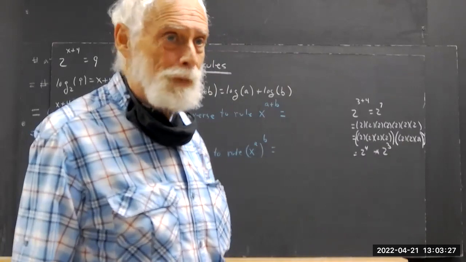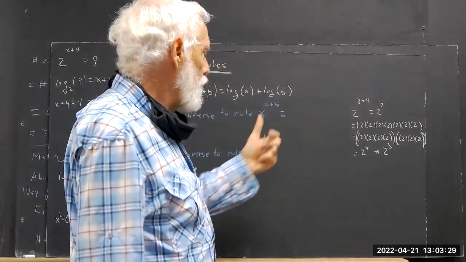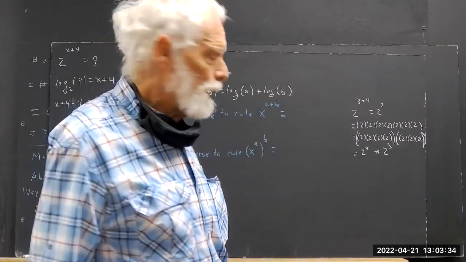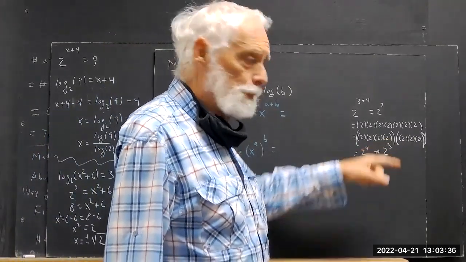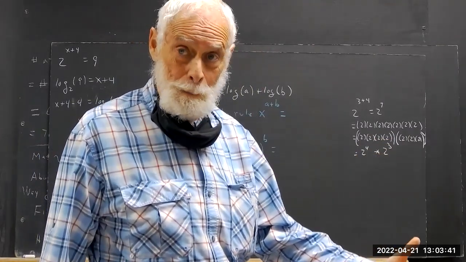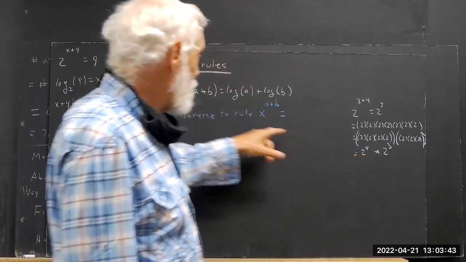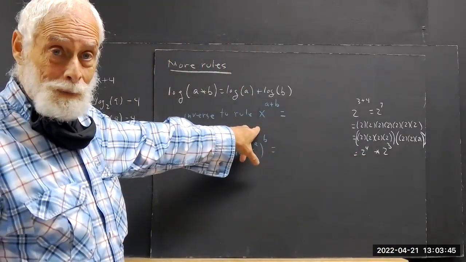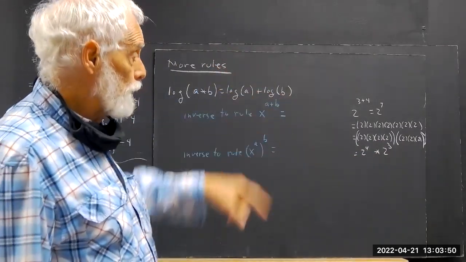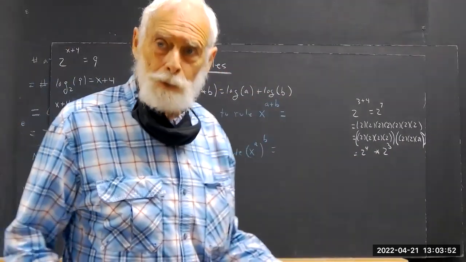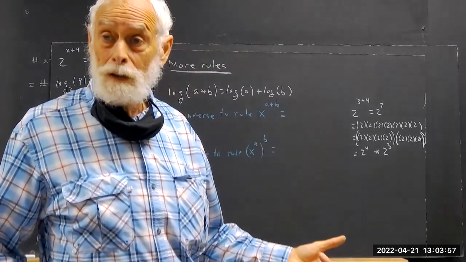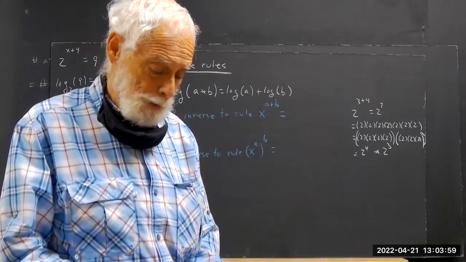Now I think if I'd written x to the a times x to the b, you might have gotten it. And I'm pretty sure if I'd written 2 to the 4th times 2 to the 3rd, you probably would have gotten that. So you're not far from this rule. But if you don't know this rule, you're always going to be very vulnerable to fatal errors, because it comes up all the time.